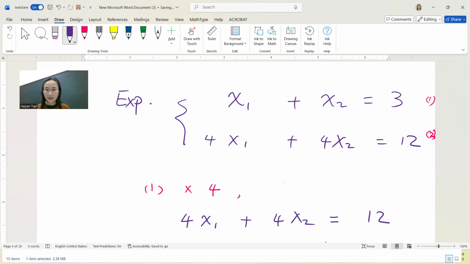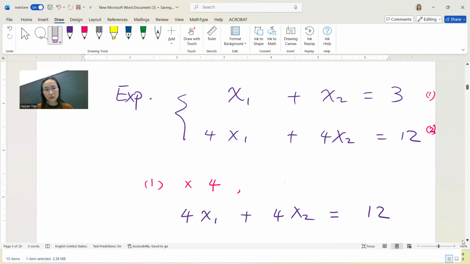That means the first equation is just the same as the second equation. You see, after we do a scaling of the first equation, like 4 times the first equation becomes the second equation. That means the second equation can be reduced to the first equation as well if you divide by 4, right?